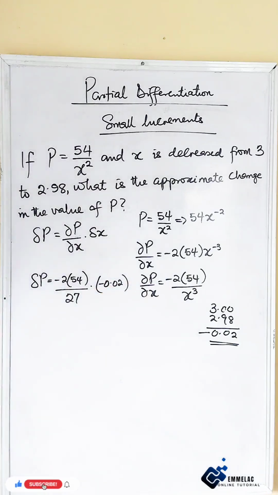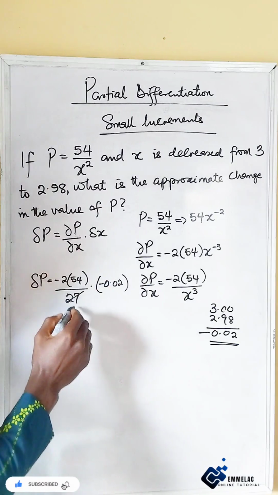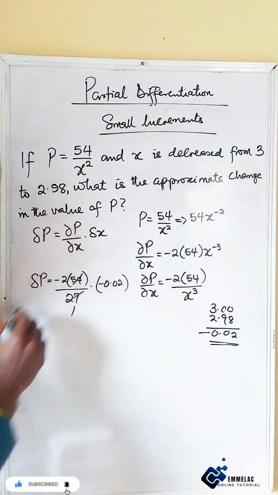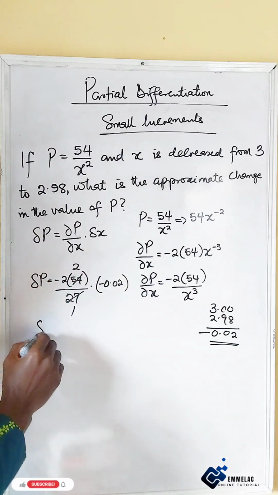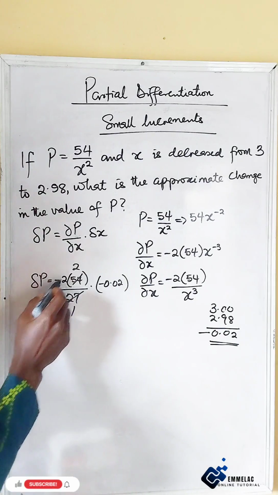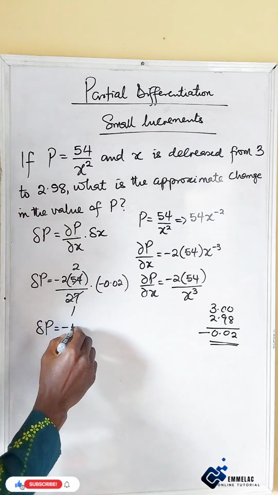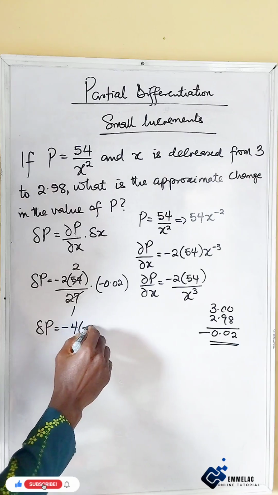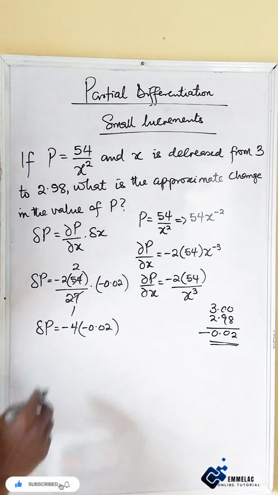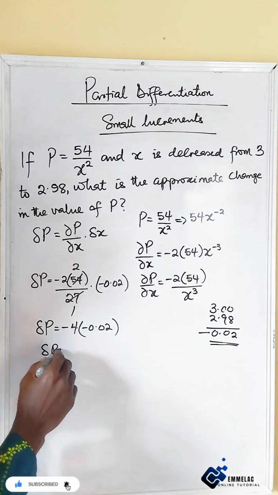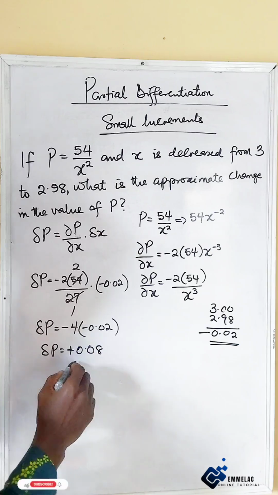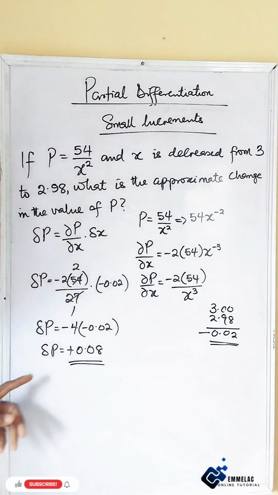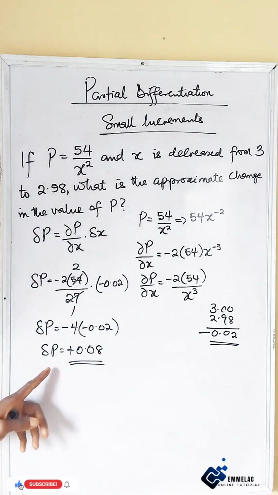Here 27 into 54 should give us 2. So we end up having negative 2 times 2, which gives negative 4, then times negative 0.02. This should give us positive 0.08. So definitely there was an approximate increase in the value of p.